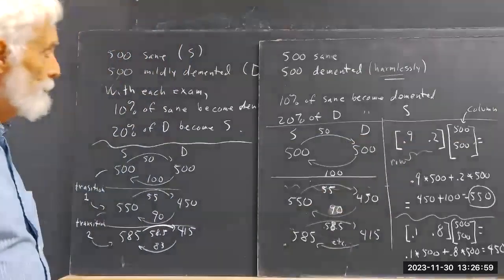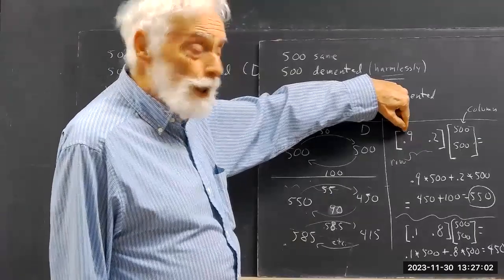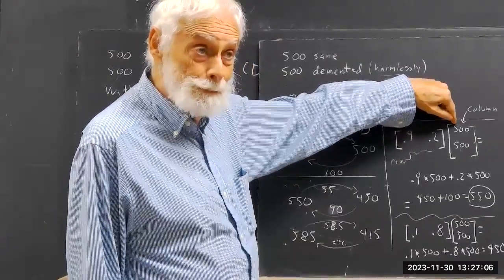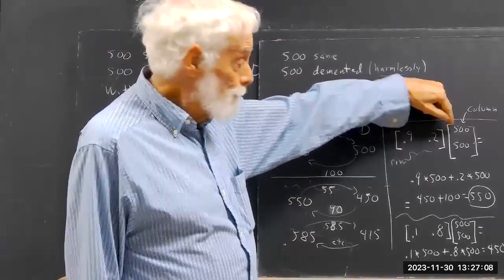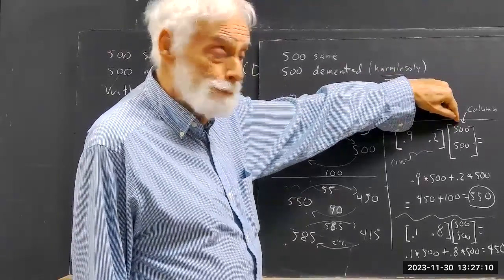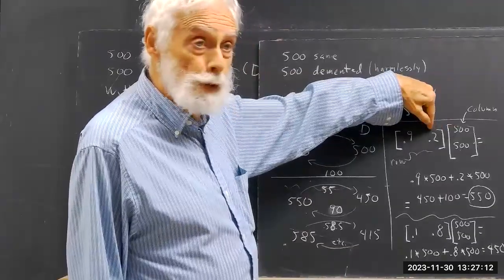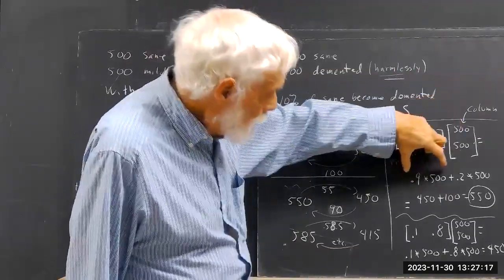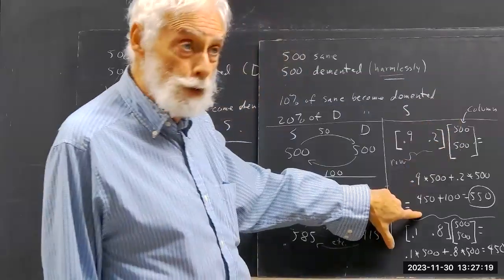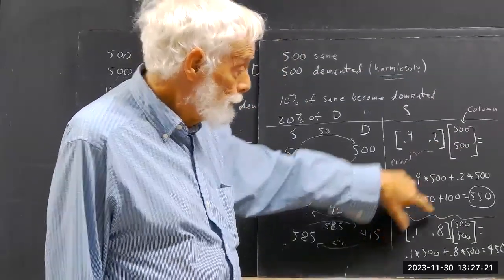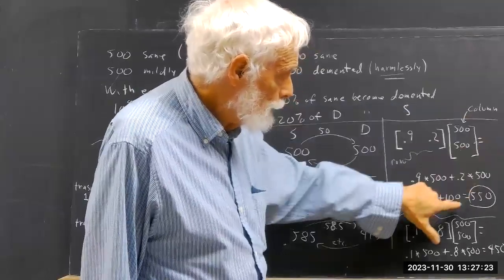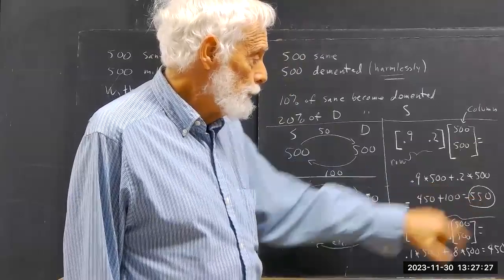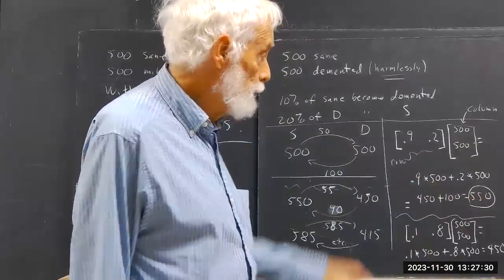So if we multiply 0.9 by 500, this 500 represents the number of sane people. So we're taking 90% of our sane. And 0.2 represents 20%, that's 20% of our demented. So right here is 90% of the sane. That's the 450 that remain sane. And 20% of the 500 is the 100 demented that become sane. So we're going to end up with the sum, which is 550 sane.